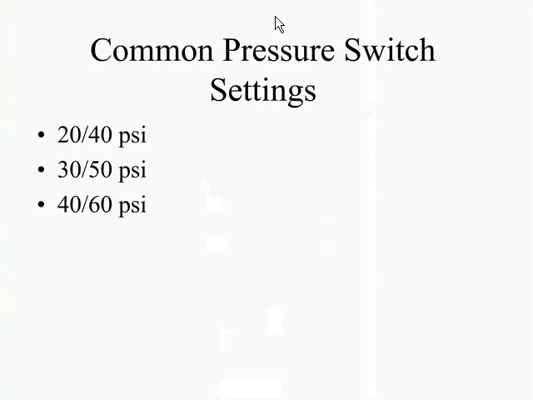Once the tank's up to 40 psi, it turns off, and it won't turn back on again until the pressure goes back down to 20. So that's how those systems work. And the size, what that bottom number is, 20, 30, or 40, depends on what your system needs. So if you need 30 psi to get water from the tank to your trough, you'd need a system like the 30 to 50 psi.